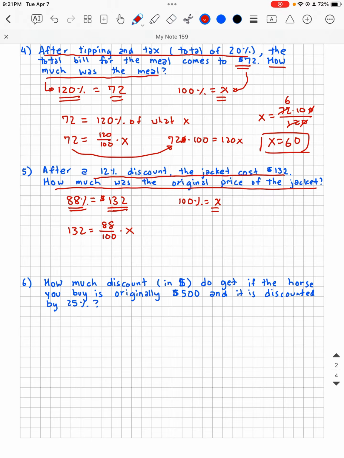So we're going to go ahead and keep x on the right-hand side, but move all the numbers to the other side. So 132 times 100 divided by 88 is equal to x. And for this one, we're going to divide through some of these numbers. 88 and 100, they're both divisible by 4.